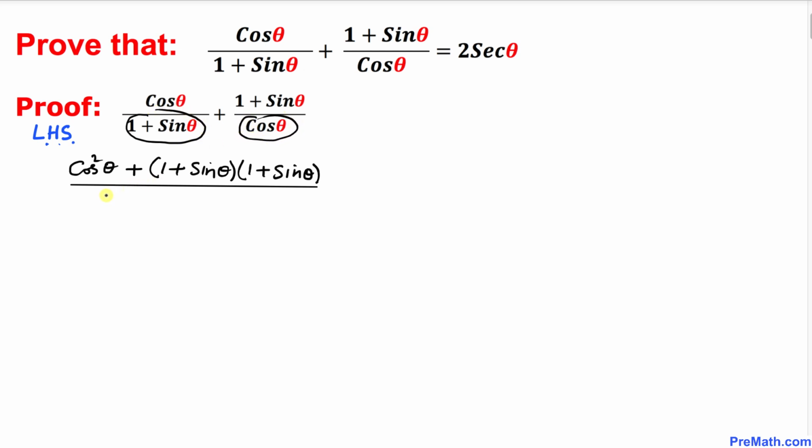So let's go ahead and multiply them. Cosine of theta times 1 plus sine of theta.